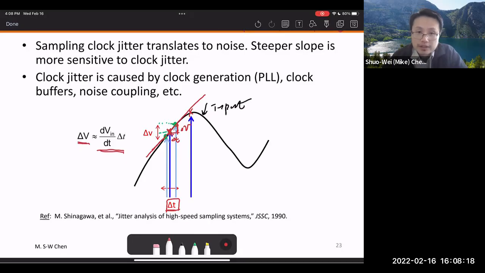Okay, so here's a question. When I design the ADC, I understand that because the sampling clock has uncertainty, it has jitter, it unfortunately gives me additional errors. So when I design the ADC, how should I find the tolerance of this delta V?